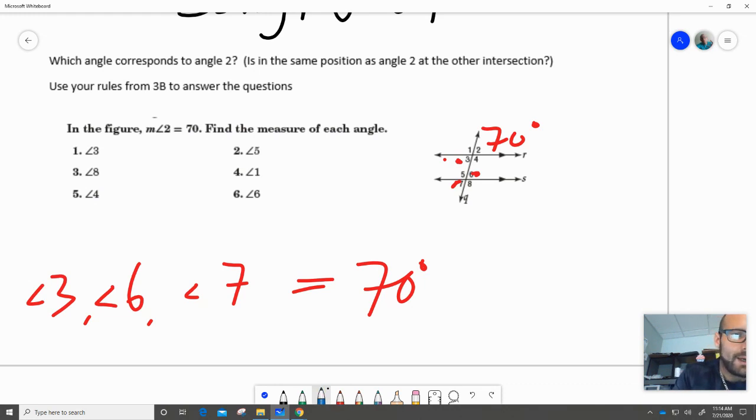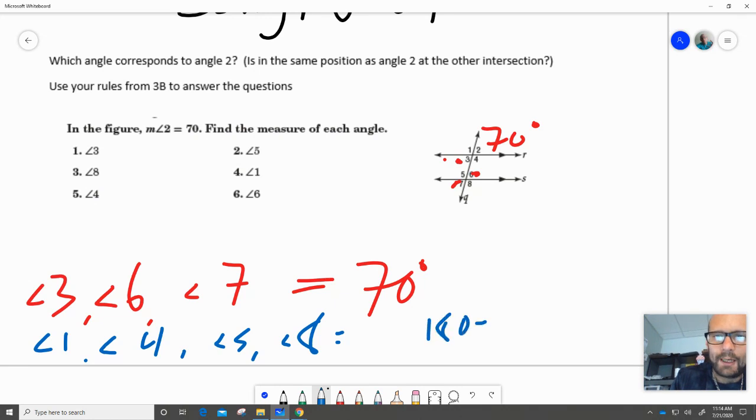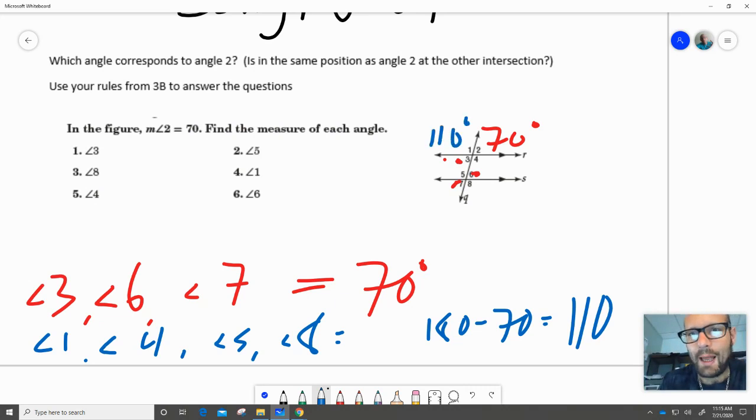Now to find the other ones, okay, angle 1, angle 4, angle 5, and angle 8. All right, well, we just got to do whatever 180 minus 70 is, okay? And that'll give us 110, because again, that's just the angles 1 and 2 make a line, okay?